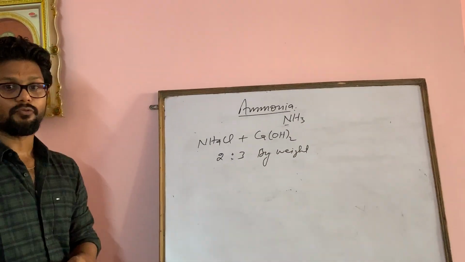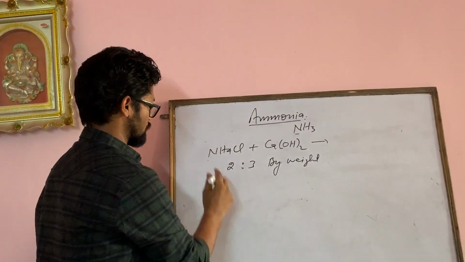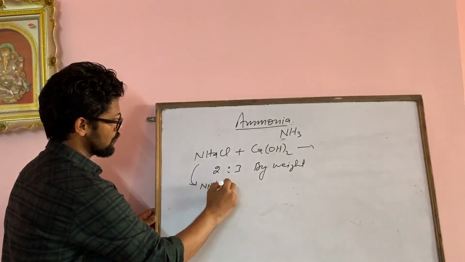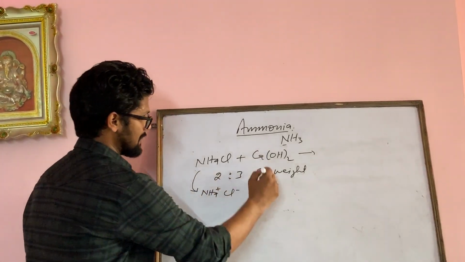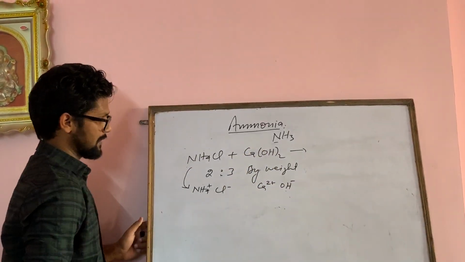2:3 by weight. When the reaction takes place between these two, it can break into ions: NH4 plus and Cl minus, and Ca2 plus and OH minus.